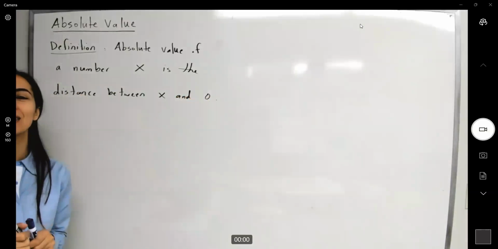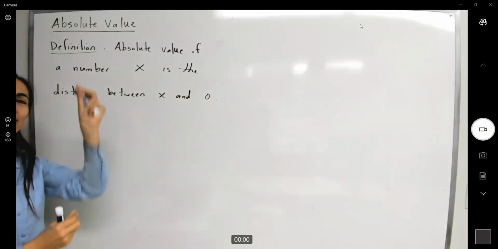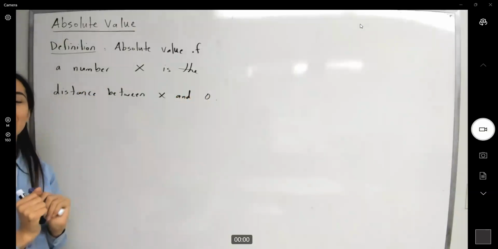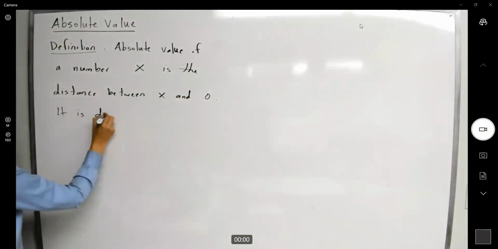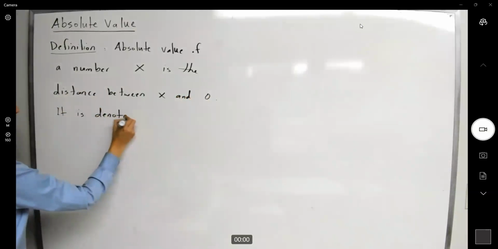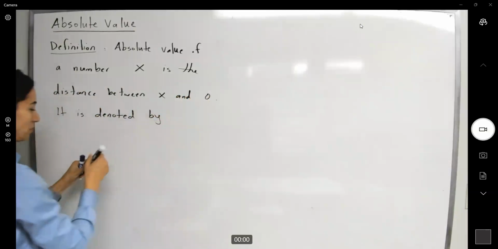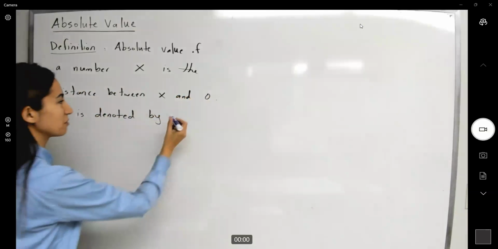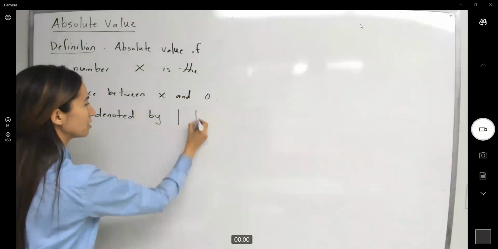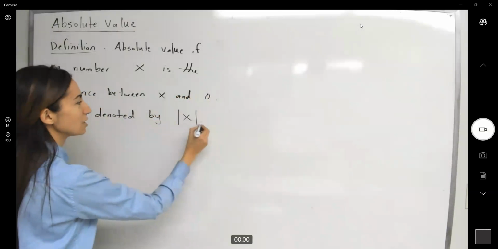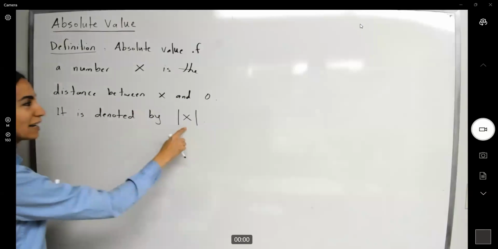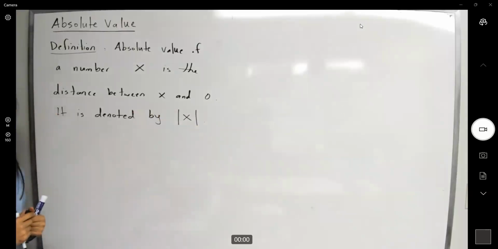The absolute value of x is denoted by two vertical lines, and inside you use x itself. So it is just the distance between x and 0.